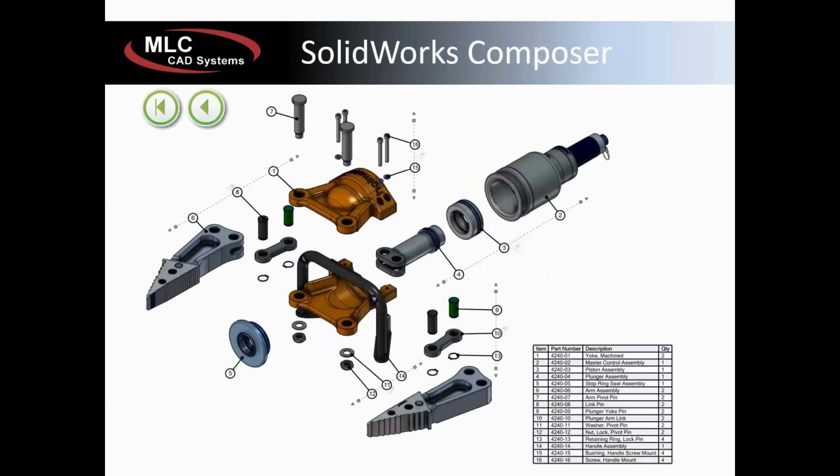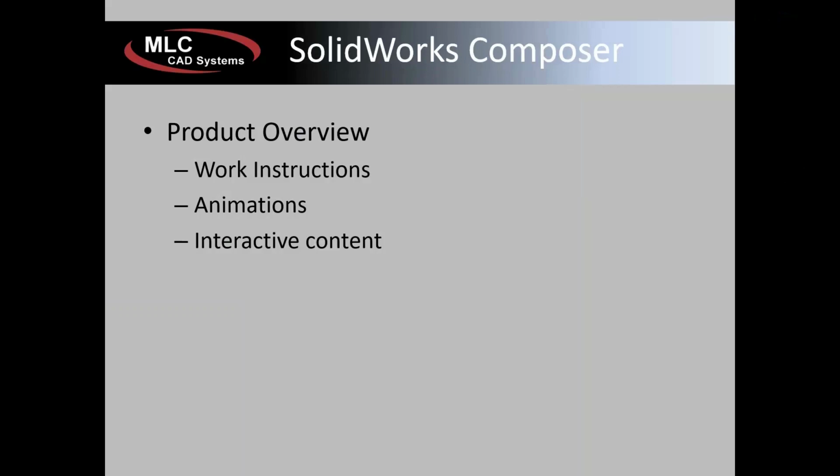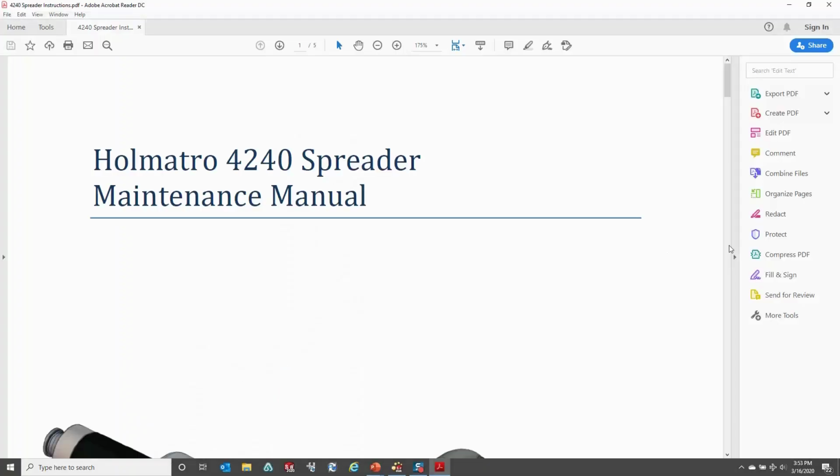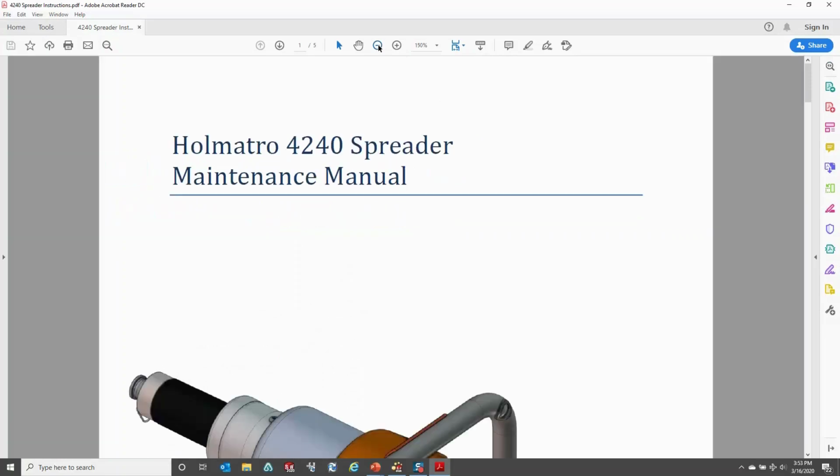Now, SolidWorks Composer is a tool that allows you to create work instructions, animations, and interactive content. This is a couple of traditional publications where we have grainy looking images and a little bit of text. What we're proposing with SolidWorks Composer is something that looks a little bit more like this.